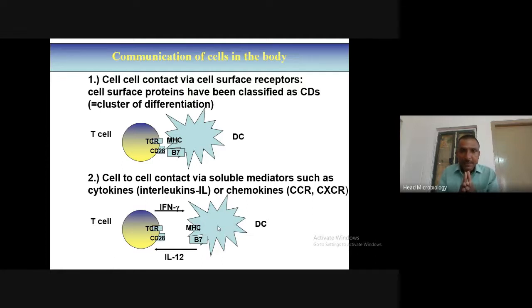We are already discussing major histocompatibility.